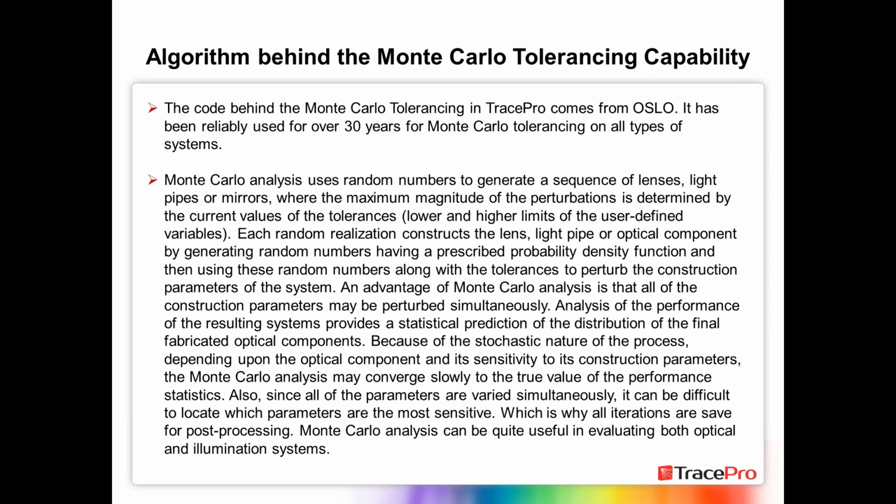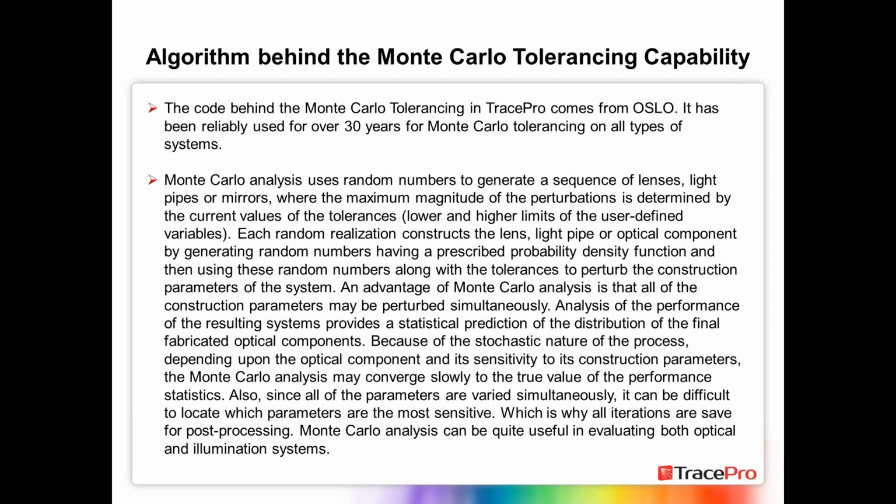So if you're producing thousands of different parts, you might want to do a couple of hundred trials in terms of iterations, to really cover what's going to happen for the manufacturing process. Also, since all of the parameters are varied simultaneously, it can be difficult to locate which parameters are the most sensitive.